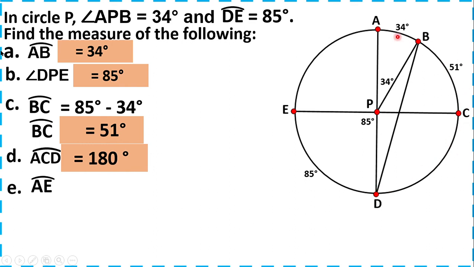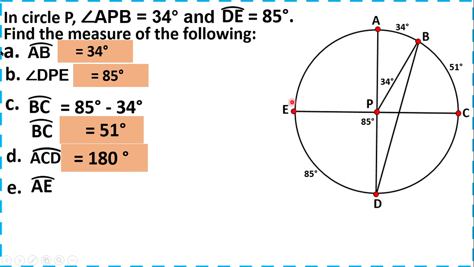Okay, next, arc AE. Kunin naman natin yung measure ng ating arc AE. So, kung ito ay semicircle, so, yung arc AED ay semicircle at saka yung arc DE natin ay 85 degrees.